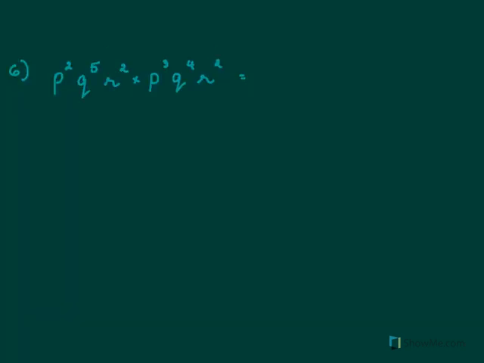Now for this next one, if you see very carefully, we have 3 kinds of terms. We have the p terms, so we'll put p together, p raised to 2 and p raised to 3. Then we have the q terms, so we'll put the q together, q raised to 5, q raised to 4, and then we have the r terms, r squared, r squared.